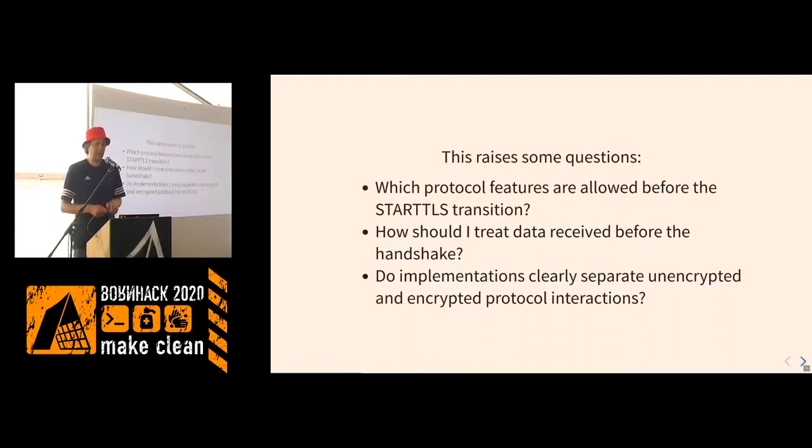Which of them are allowed before we do this TLS transition? Which features can I use in the plaintext version of the protocol? Also, how should I treat the data that I got before the TLS handshake? Should I trust it in any way? And also, can there be situations where an implementation gets confused about which data was part of the plaintext part and which was part of the encrypted part?